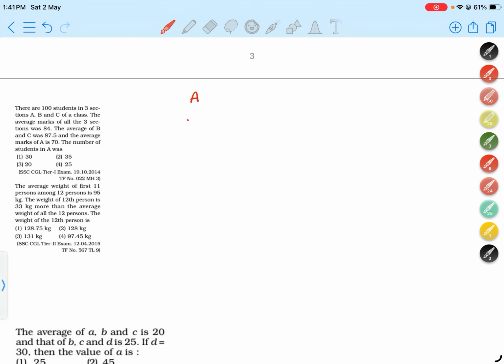Here we are given that in A the average is 70. B and C combined I take as a singular entity, so B and C combined have 87.5, and combined all three have an average of 84. By deviation, this value is 14 less, while this value is 3.5 more.